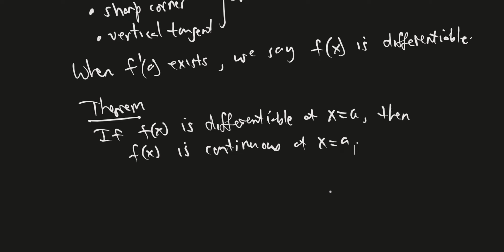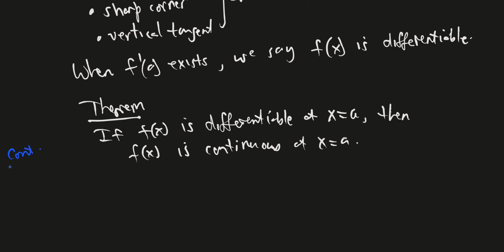And let's actually give a fairly simple proof of this, and it has to do with using the limit definition. Now, remember what we know about continuity. Let me just remind you what continuity says.